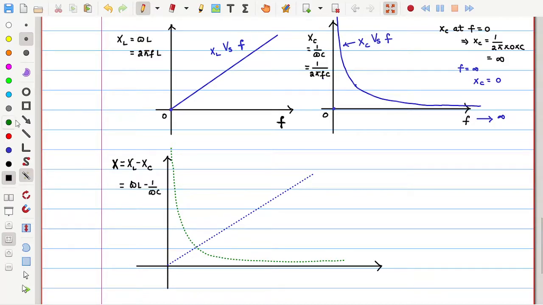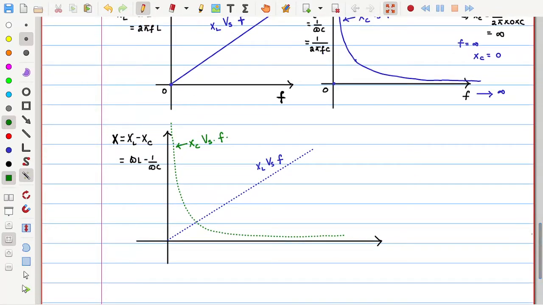So let me write here. These dotted lines are what we had seen previously. So this is XL versus frequency. This is Xc versus frequency. But what do I need now?